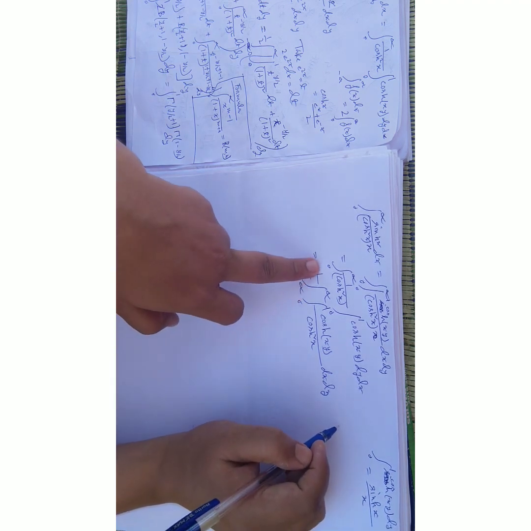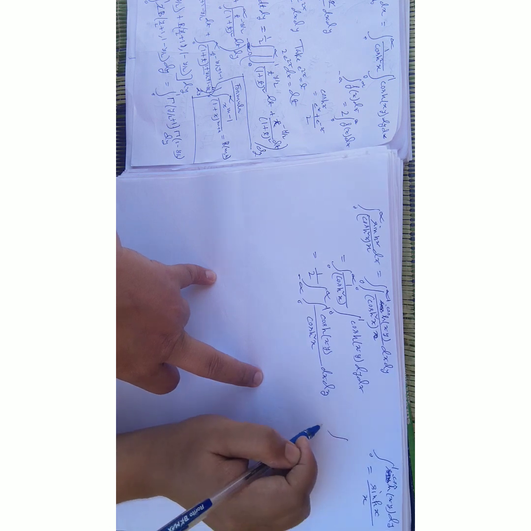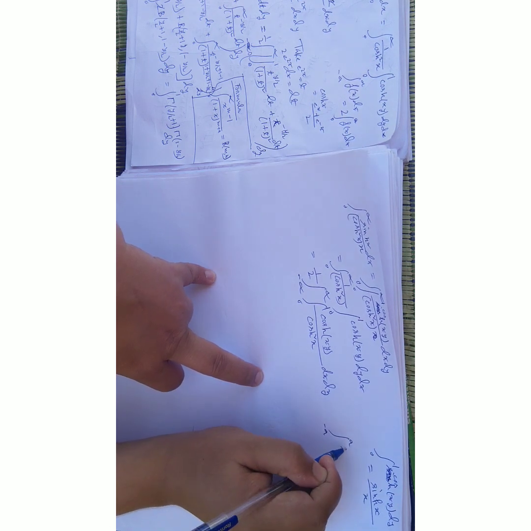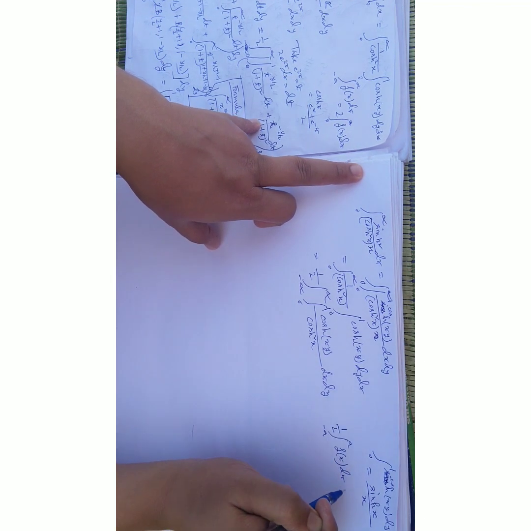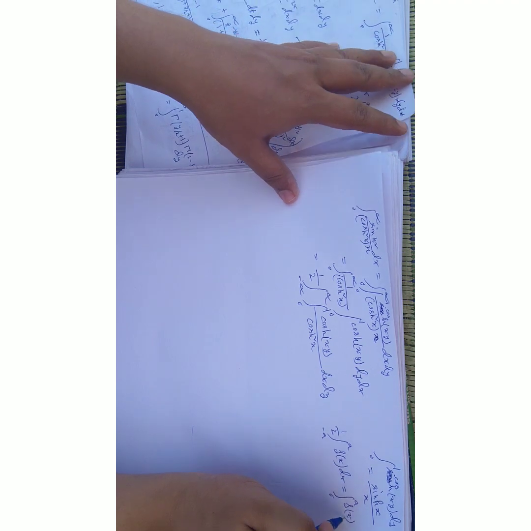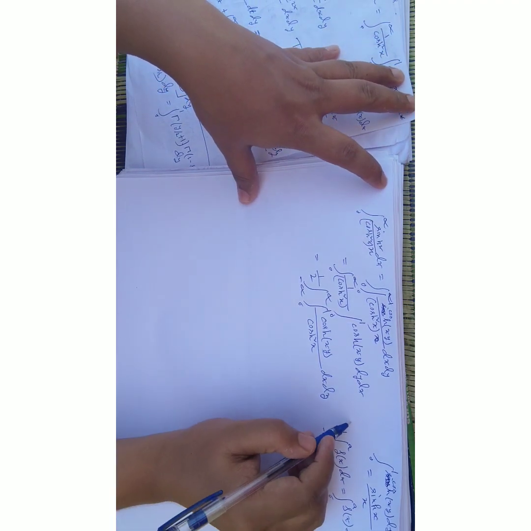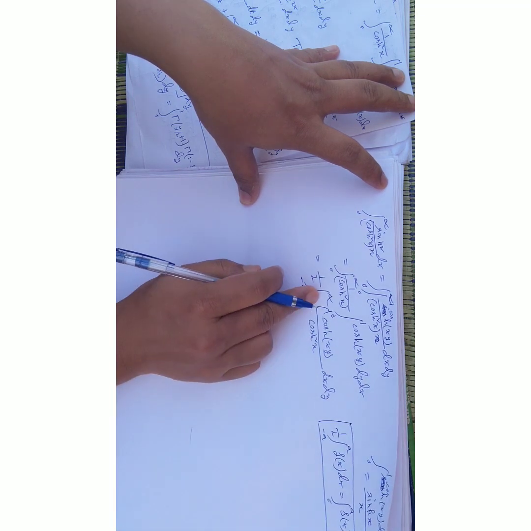And why can I write 0 to infinity? Because if the integral from minus a to a of f(x) dx, then half of it equals the integral from 0 to a of f(x) dx, a property of definite integrals. I use this formula and write it here.